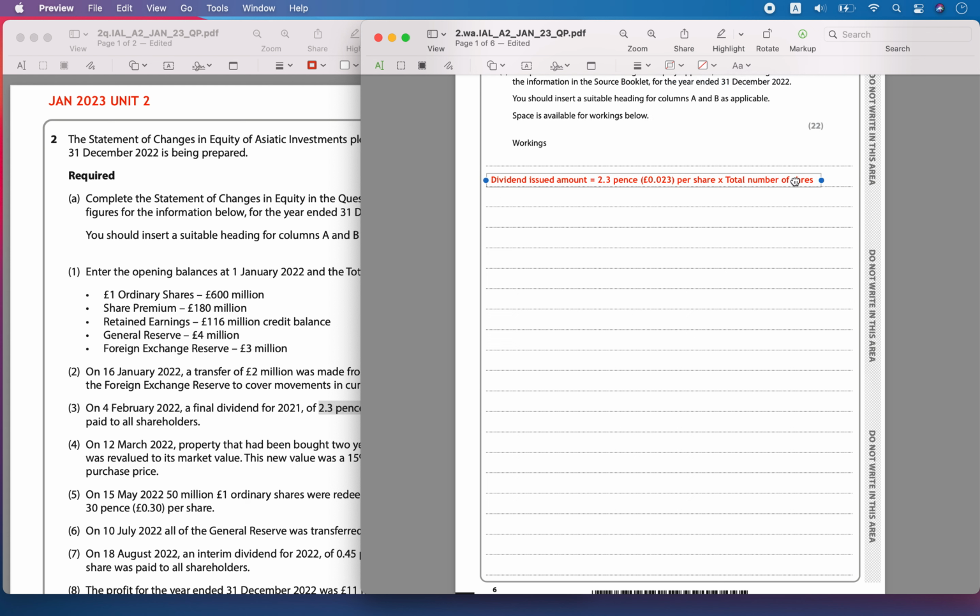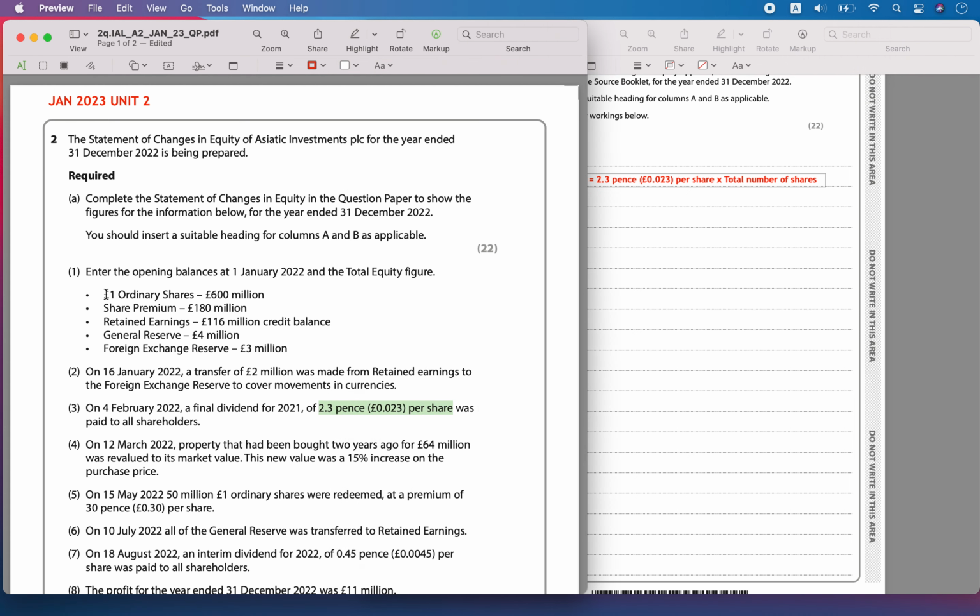Now we need to know the total number of shares. The total number of shares is given as £1 ordinary shares worth 600 million.